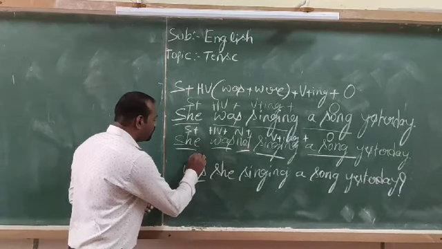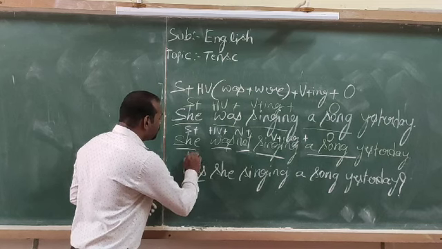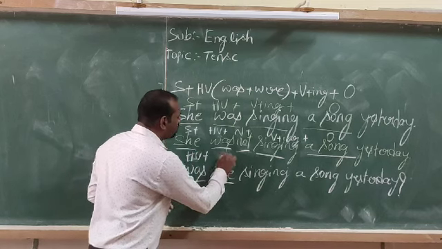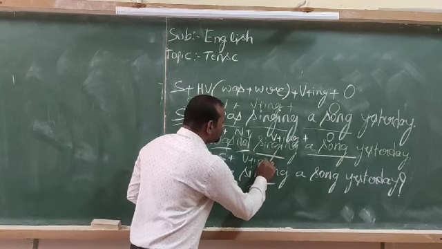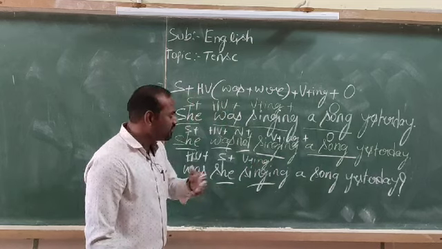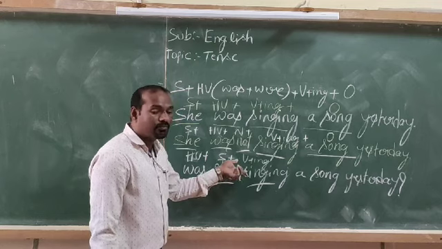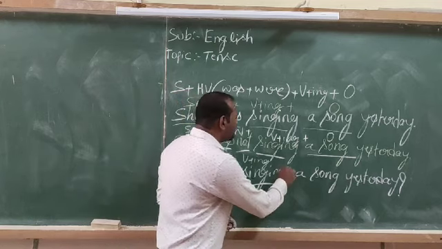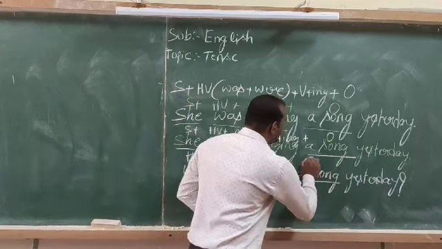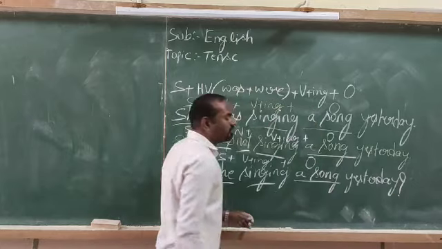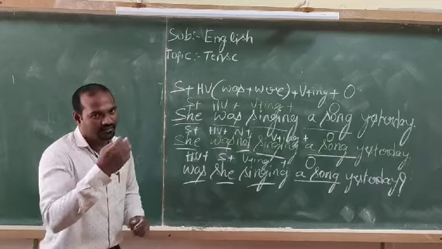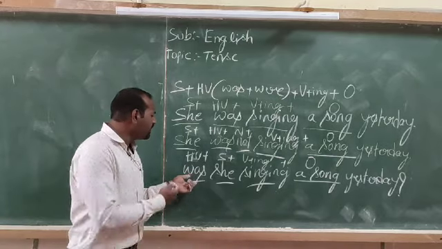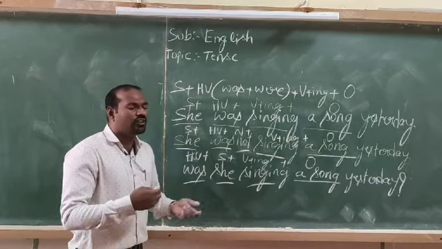Here was stands for helping verb and she stands for subject, singing stands for verb plus ing because it is a continuous tense. It is also called the present participle form, and the rest of the sentence stands for object, and at the end of the sentence we put a question mark because it is an interrogative, questioning sentence. When we read this sentence, was she singing a song yesterday?